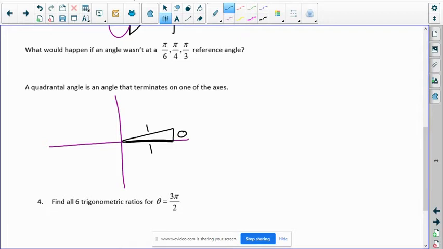And if we were over here in the pi direction, it also has no height to it. And it's adjacent to its hypotenuse as a ratio of 1 to 1, but it's going to be a negative adjacent side. Well, if you were to go at pi halves, you'd be right here.